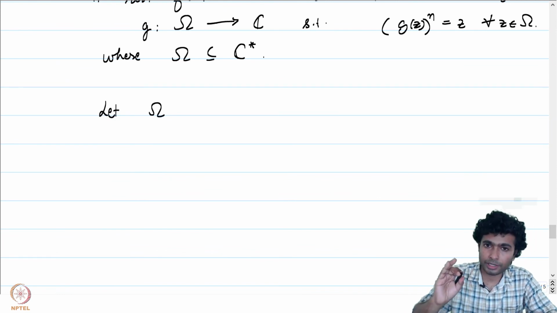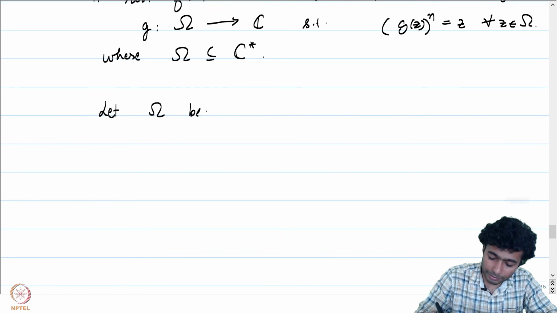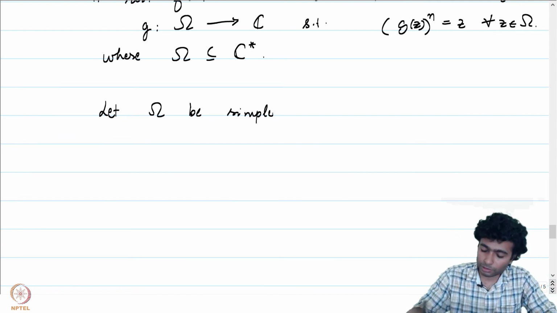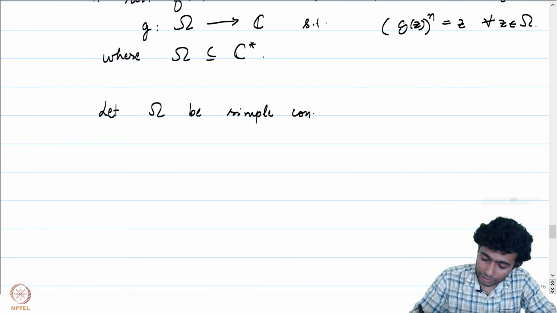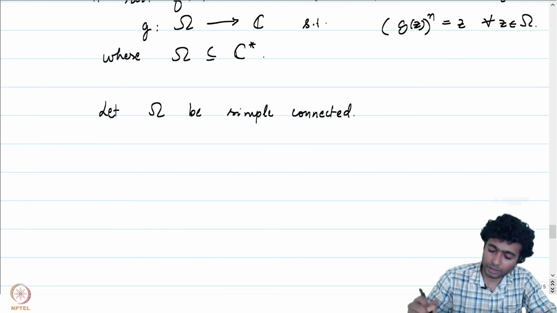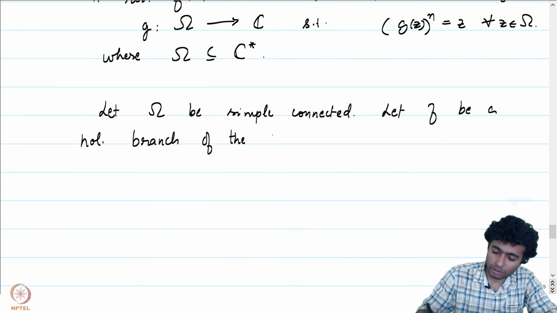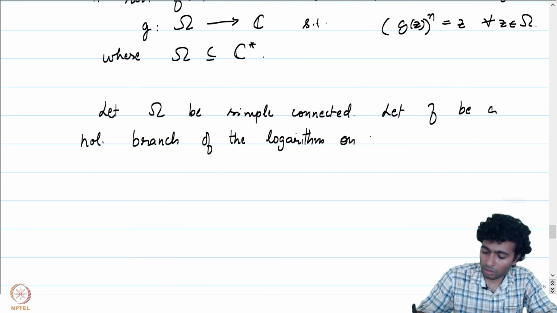Again, as mentioned earlier, omega is an open connected set. Let omega be an open connected subset of C star, so in particular, 0 is not in omega, and further let omega be simply connected. Let f be a holomorphic branch of the logarithm on omega.